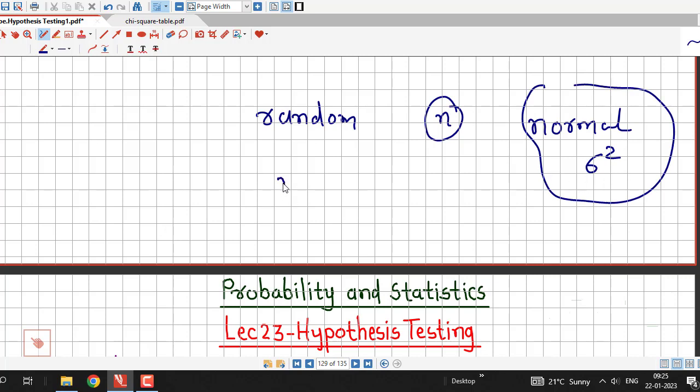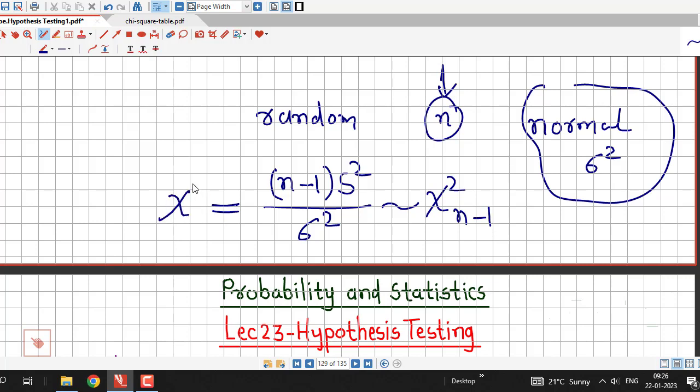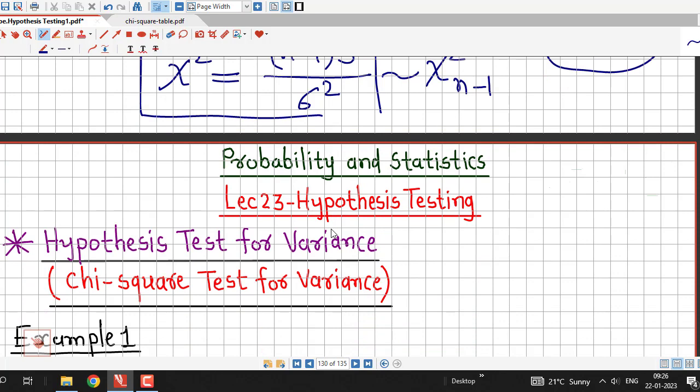Then the random variable n minus 1 times capital S square, where S square is the sample variance of that selected sample, divided by sigma square, follows a chi-square distribution with n minus 1 degrees of freedom. So we are going to use n minus 1 times S square over sigma square as our test statistic for chi-square test about population variance.